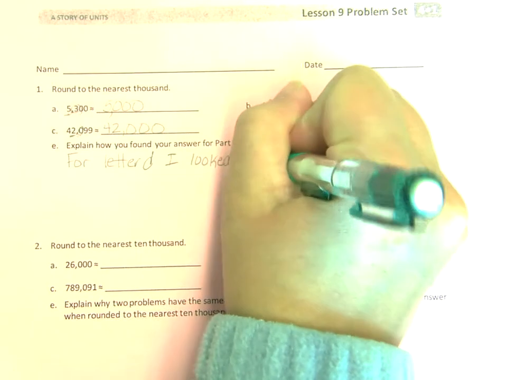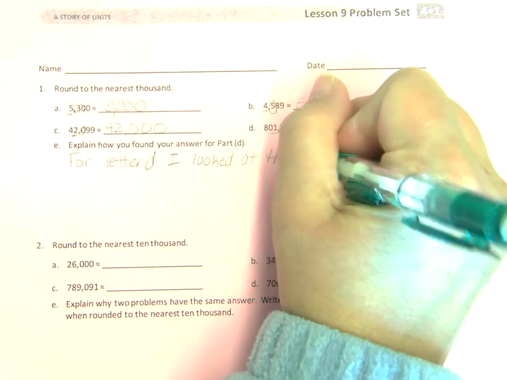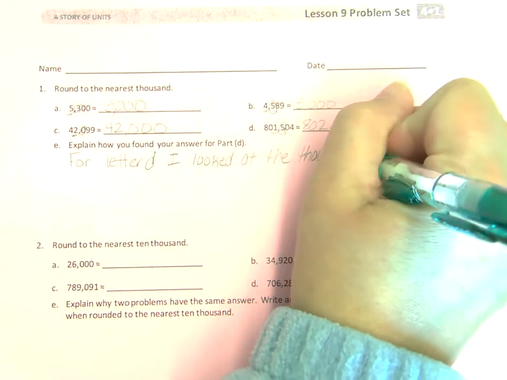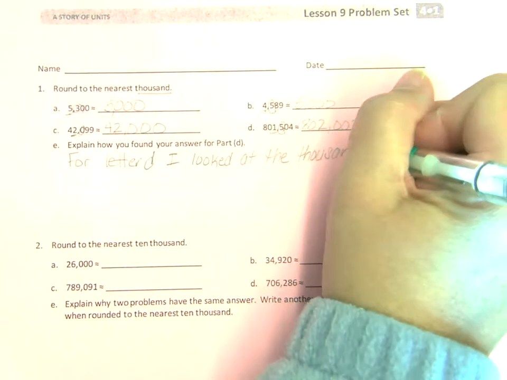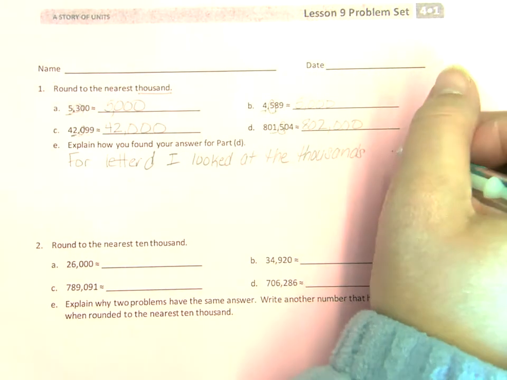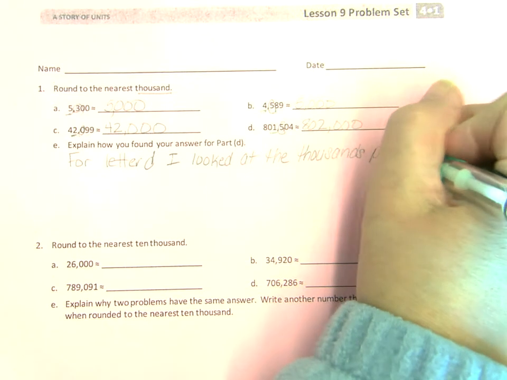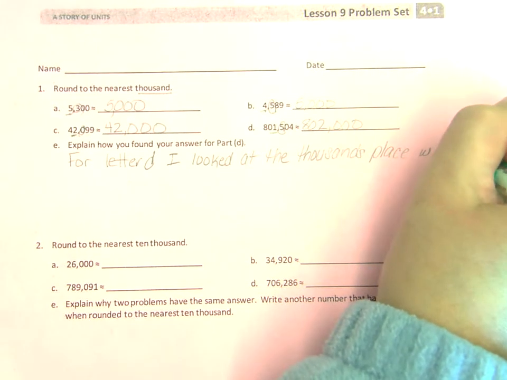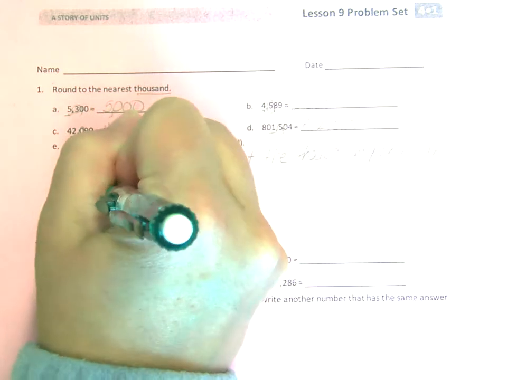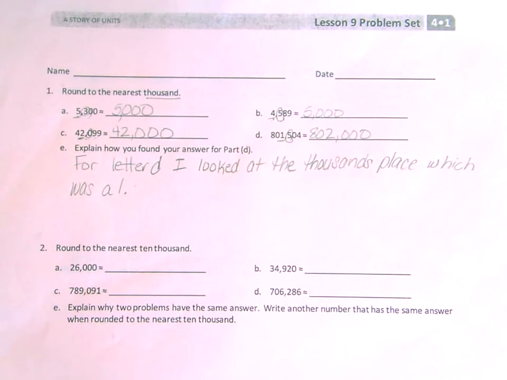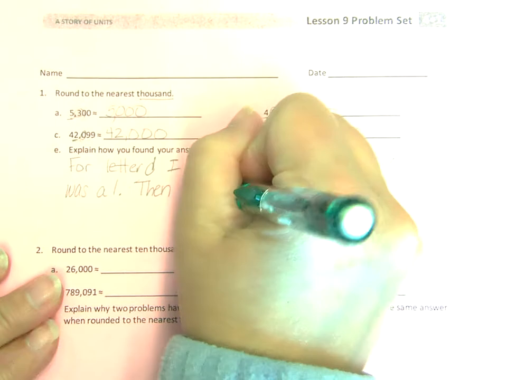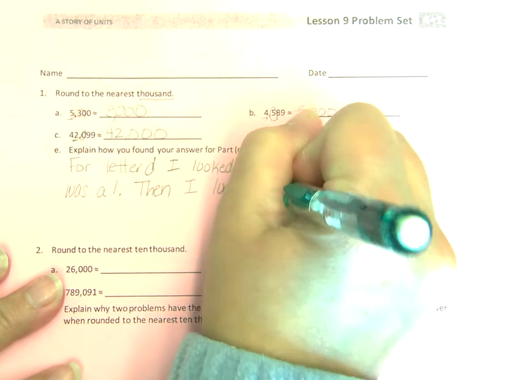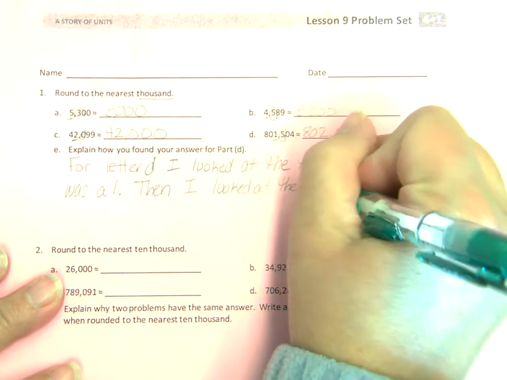So for letter D, I looked at the, now please make sure you're using your resources to spell the word thousand. Remember, it's right up here. If it's there, I expect you to spell it right. I looked at the thousands place value, or the thousands place, which was a 1, period. Then I looked at the hundreds place.